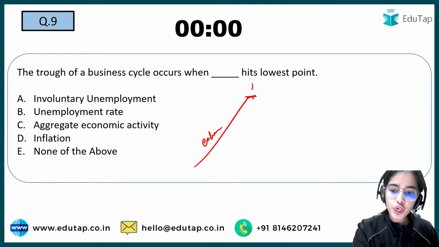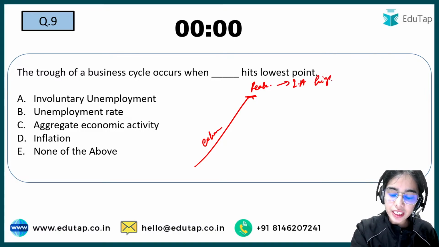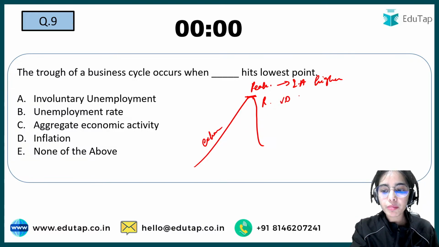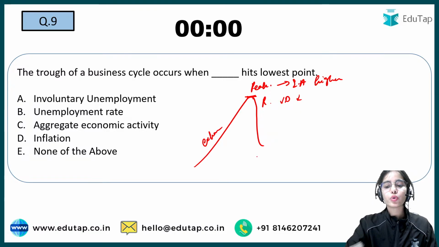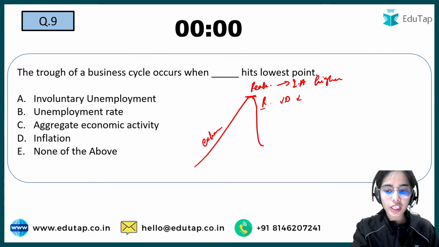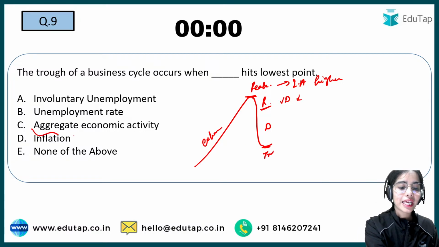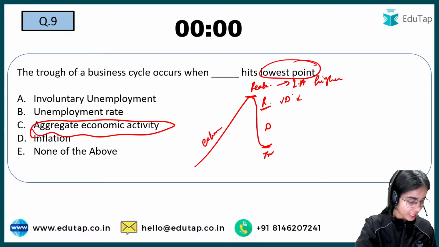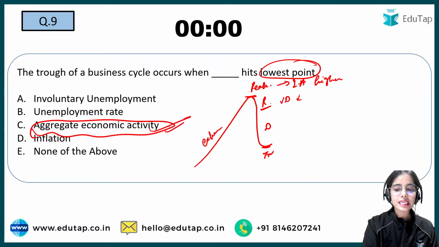Then we reach the peak where the economic activity is at the highest point. But then we start having the recession due to some circumstance. There can be lower demand, lower production and such. So economic activities decrease and we reach the recession, depression, and then the trough where the aggregate economic activity is at the lowest point. So here C is the correct answer.